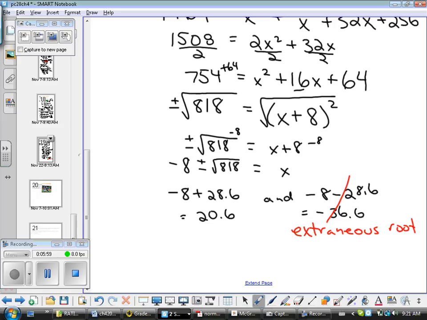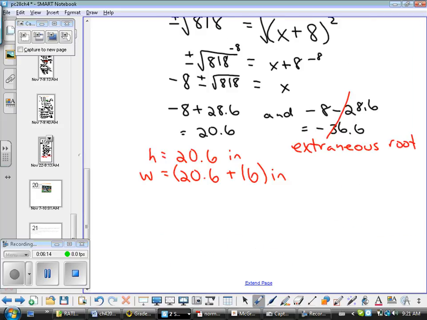Okay, so we have a height of 20.6 inches, and we have a width of 20.6 plus 16, okay, or 36.6 inches.